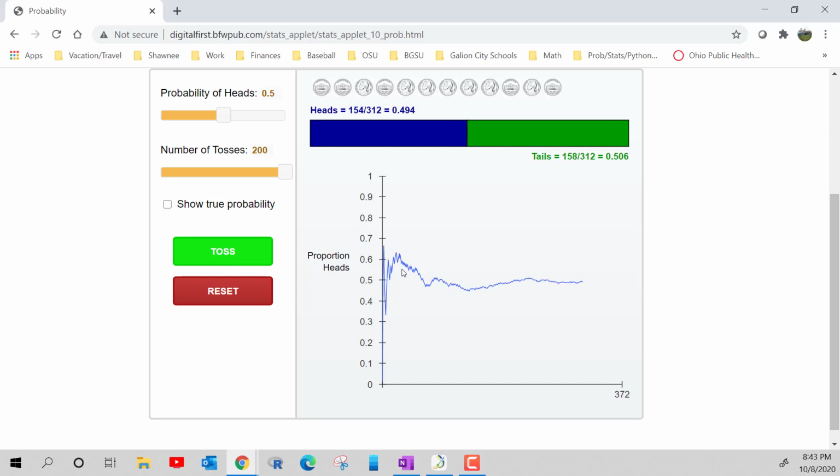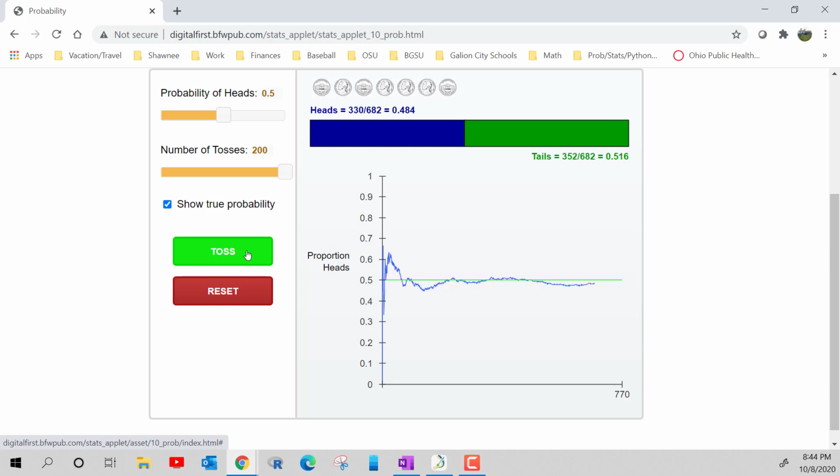What you want to notice is initially it kind of goes crazy up and down, but as we start to get a large number of tosses, that's when it starts to level out and flatten out at the true probability, right? And if I check mark this box, that green line is the true probability. So you can see how it fluctuates. It's going all over the place, and then as I do more and more flips, we're going to be closer and closer to that line.